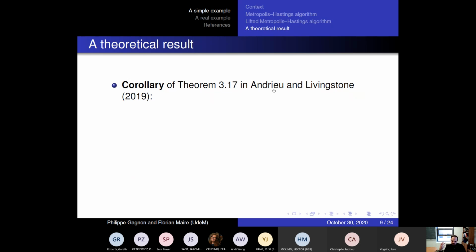What they do basically is that for the first time we have a way of comparing non-reversible Markov chains or non-reversible samplers with reversible samplers. The thing that we were able to do before was comparing reversible with reversible.